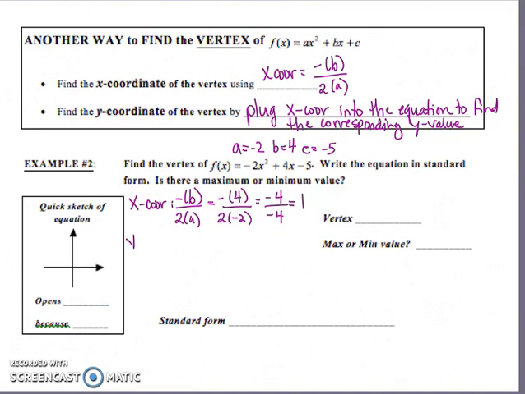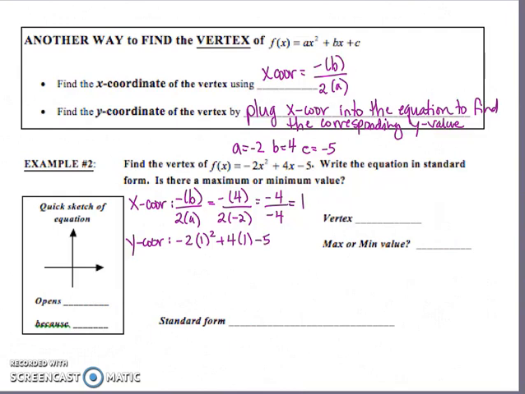Then to find our y-coordinate, we are simply going to plug that into the equation. So our y-coordinate is going to be equal to -2 times 1 squared plus 4 times 1 minus 5.